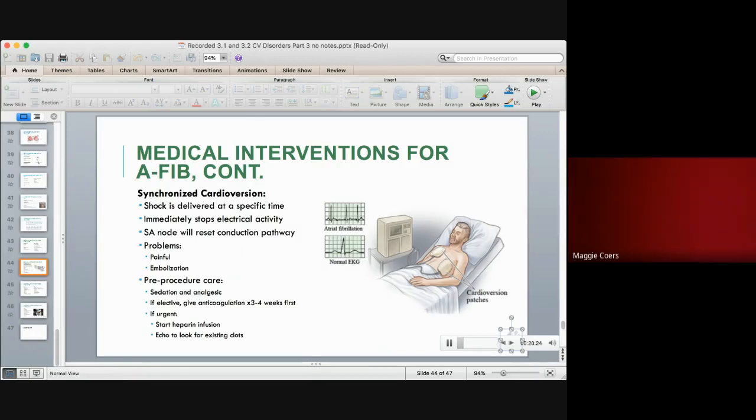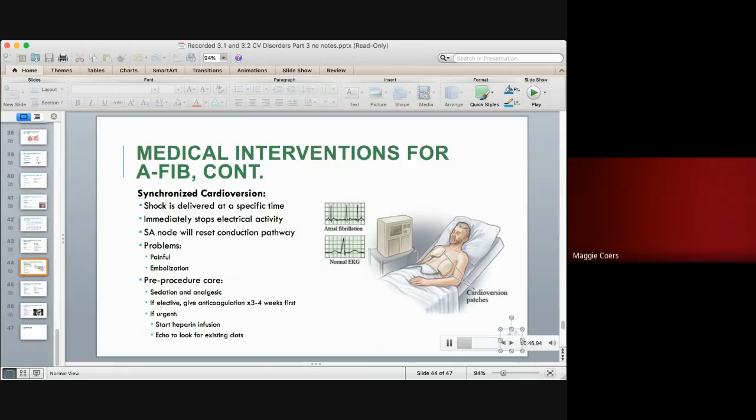If we're going to cardiovert someone, we put patches on their chest and hook them up to a defibrillator. The defibrillator senses the R waves, detects when they're occurring, and will then deliver a shock synchronously with the R wave to get the heart back into a regular rhythm.